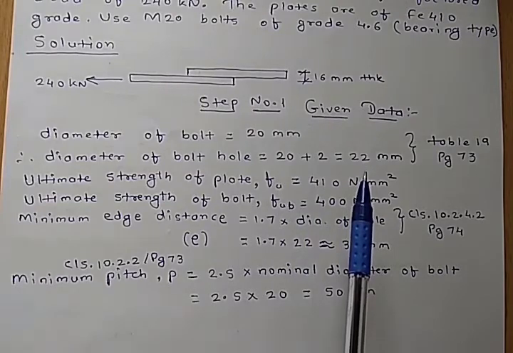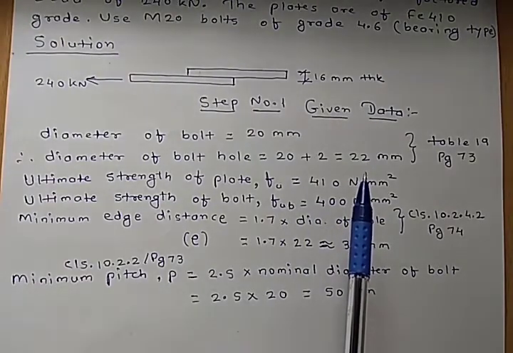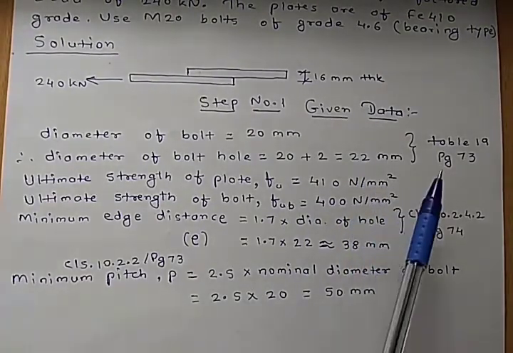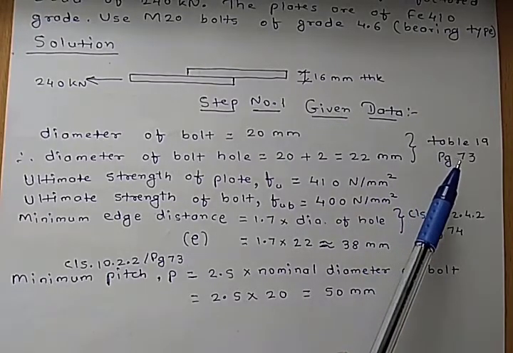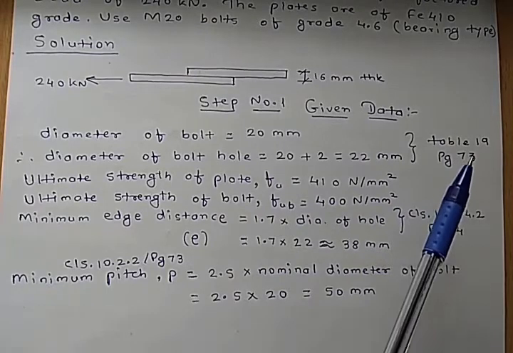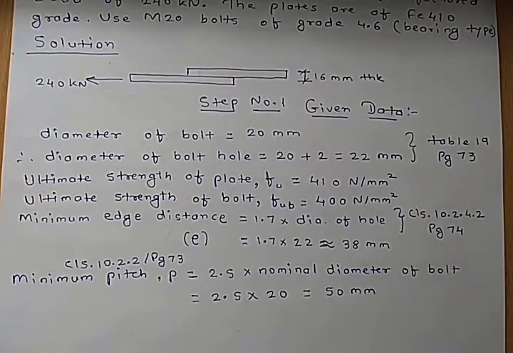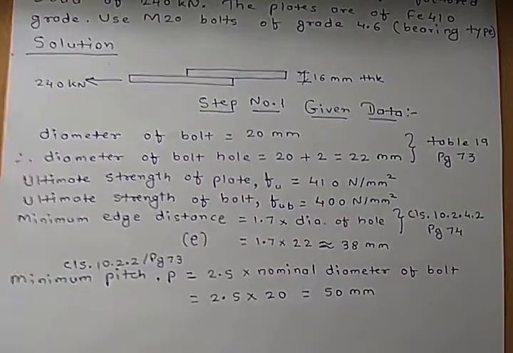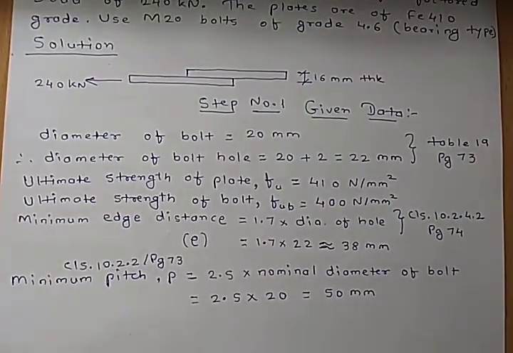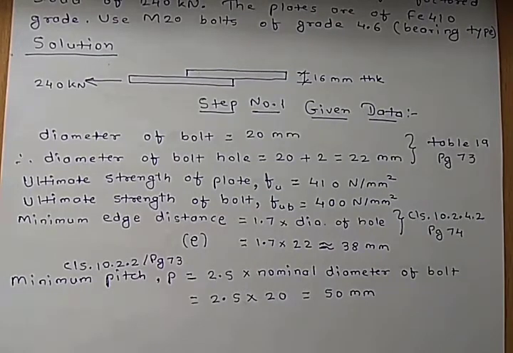You need to check IS 800:2007 every time. The ultimate strength of the plate is already given, and if it is not given, we can take the ultimate strength of the bolt as 400 Newton per mm square.